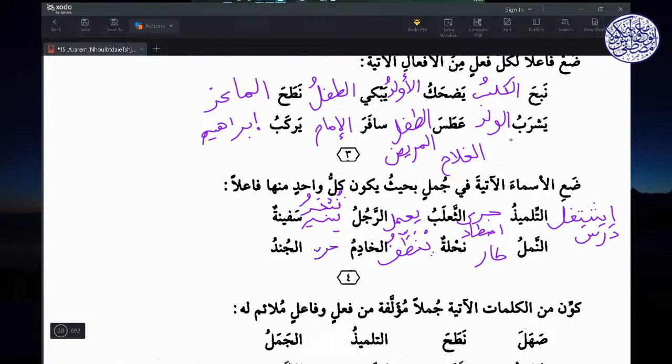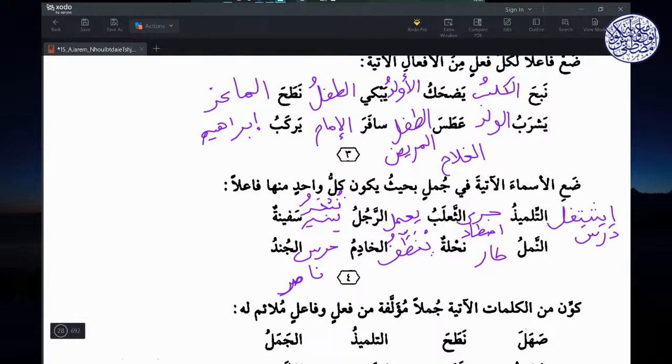But al jundu, I put Nasara. Huh? I put Nasara. Okay, Nasara. Or here he had Harasa, right? Nasara, Harasa to guard, Nasara to give help, right?